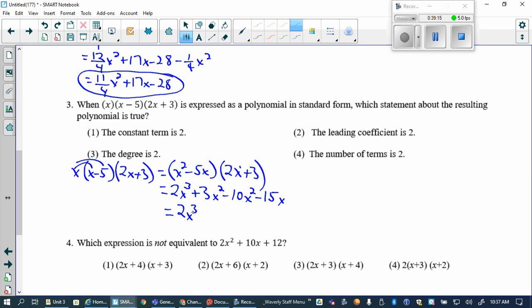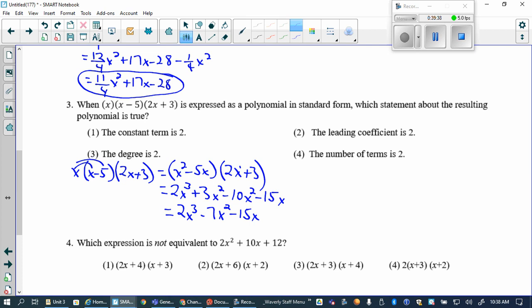It's 3 minus 10. Anybody? No, it's not 7. 3 minus 10 is not 7. What is it? Negative 7. Negative 7x squared minus 15x.